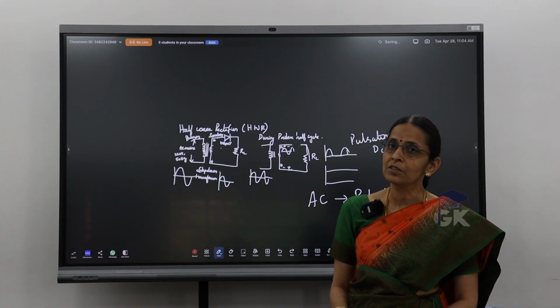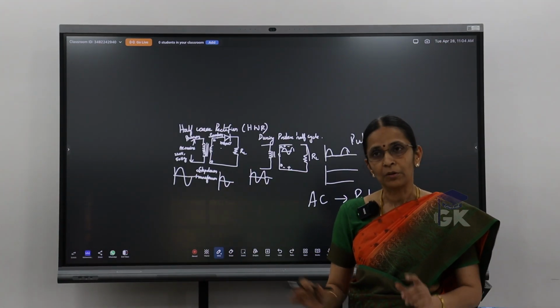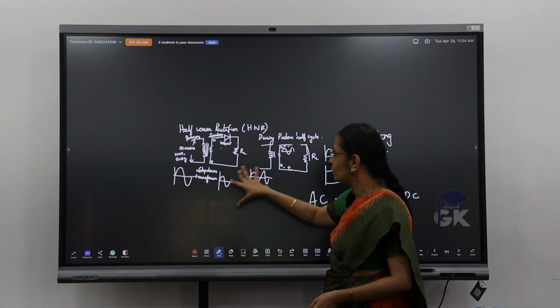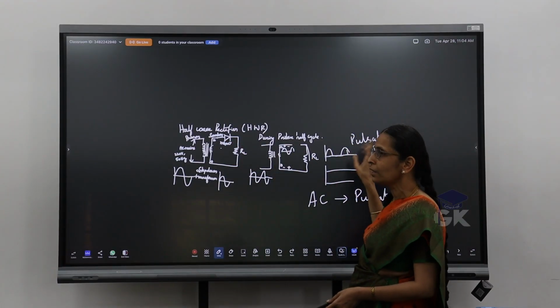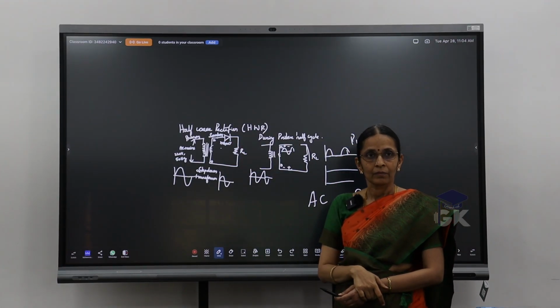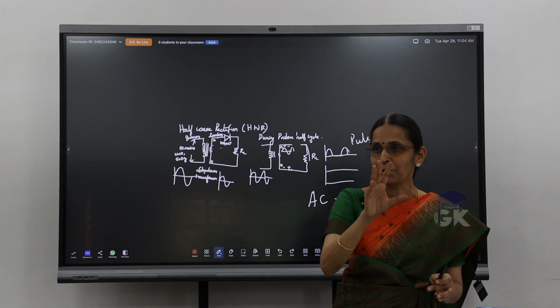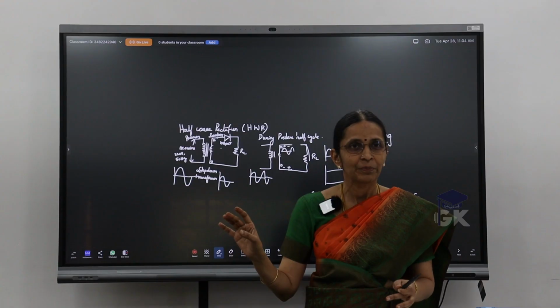In this half-wave rectification itself, as per this diagram, only the positive half cycle is getting rectified here. My question is very simple. Positive half cycle, I am getting at the output. Negative, it is open, so I get a 0.